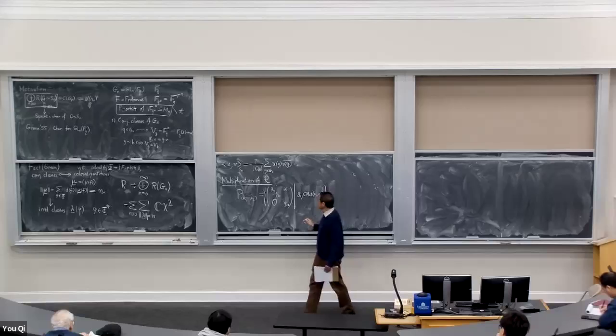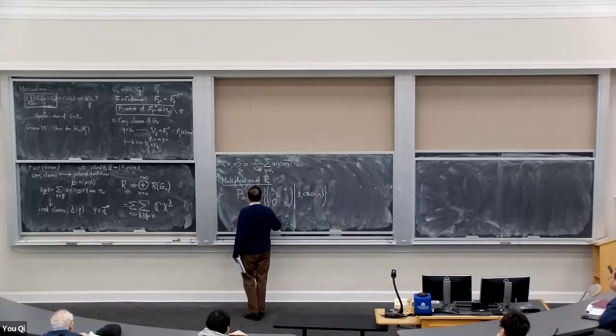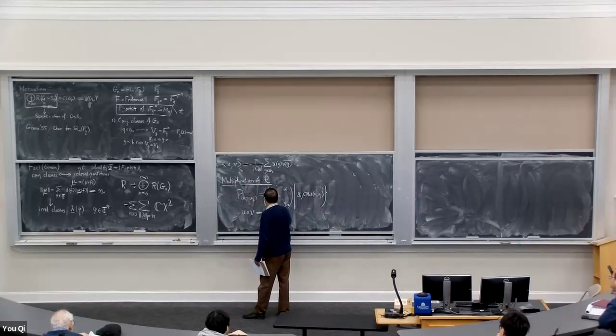So this is parabolic, and then you take the two class functions, and you take the product by doing the induced.